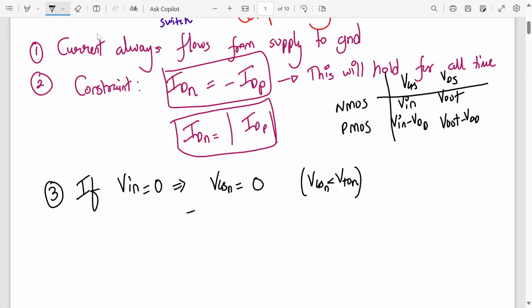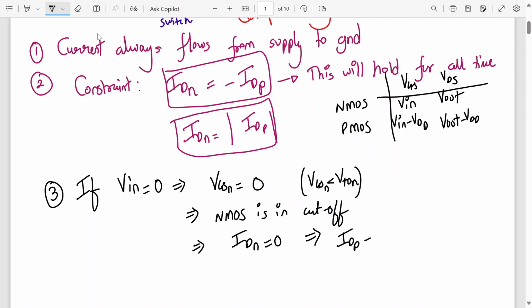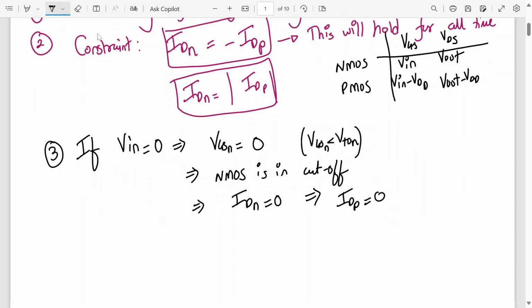Yes or no? Then can I say if VGS is 0, no question the NMOS is off? NMOS is in cutoff. That means what? IDN is 0. And what does this condition imply? IDP also will be 0. Now when is IDP 0?